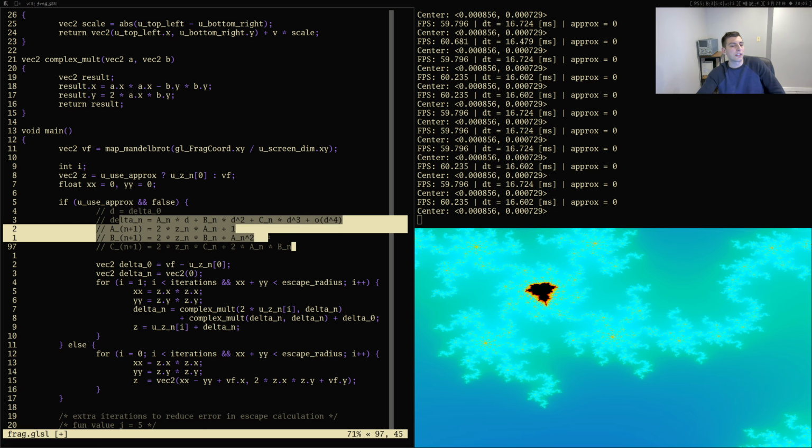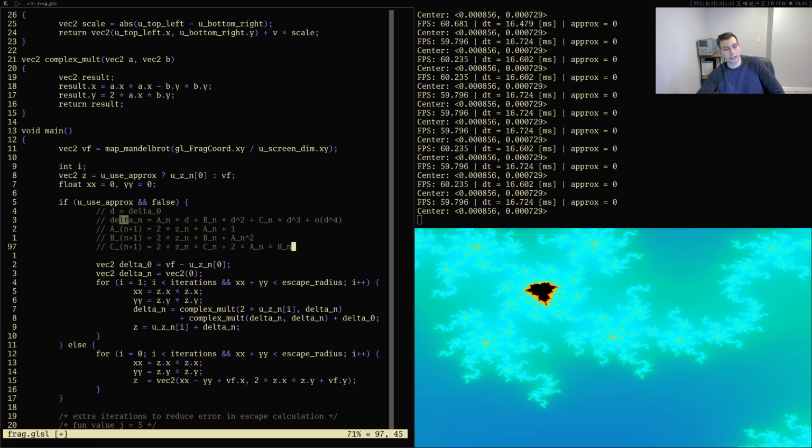And then using this, you can calculate all these delta n terms without doing any squaring, besides the first term, which I feel like should still be an issue, but maybe it's not. I guess it depends on how the Mandelbrot set actually behaves.